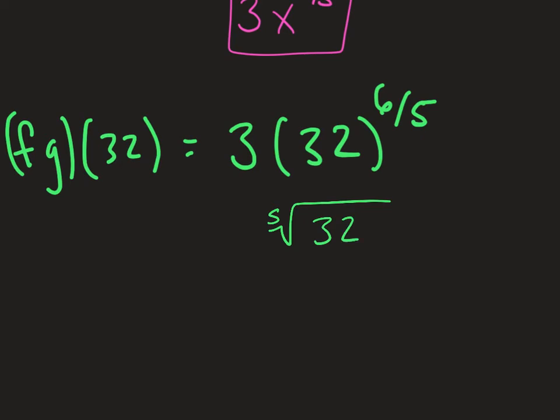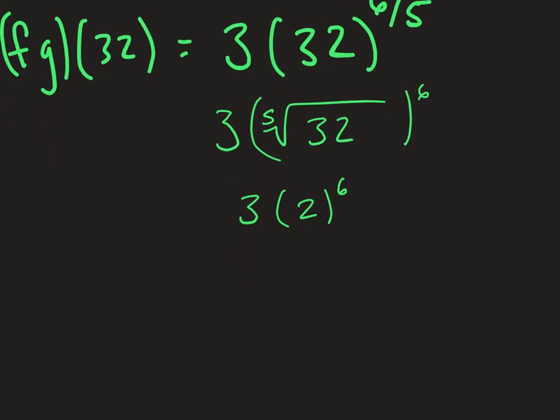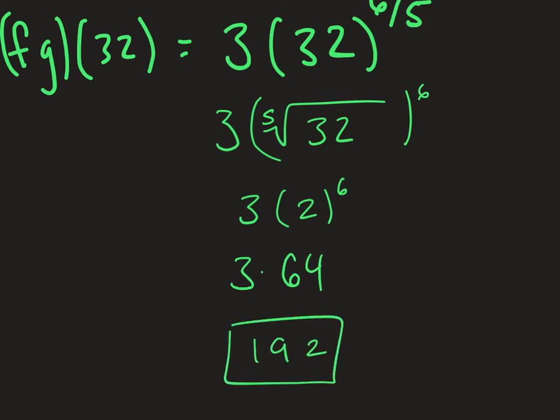What did we say the 5th root of 32 was? 2. Now we have 2 to the 6th power. So what's 2 to the 6th power? 64. And 64 times 3? 192. Perfect.